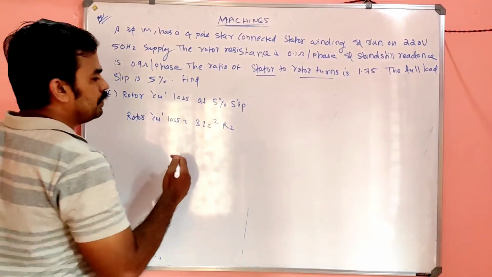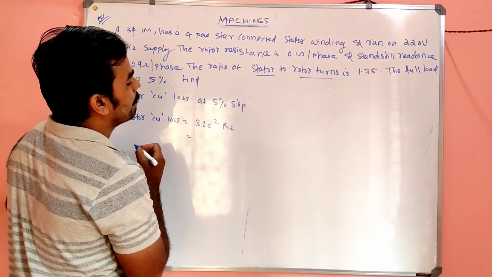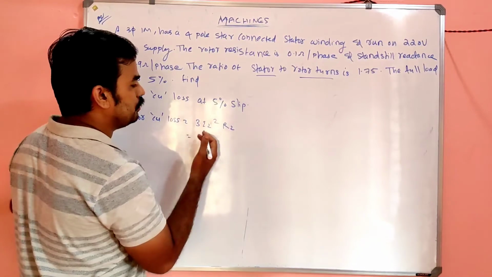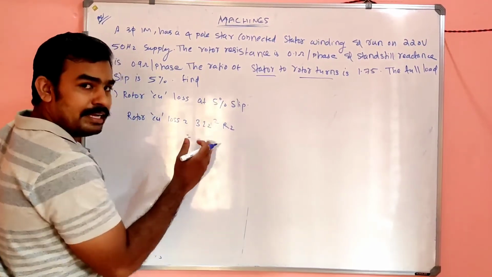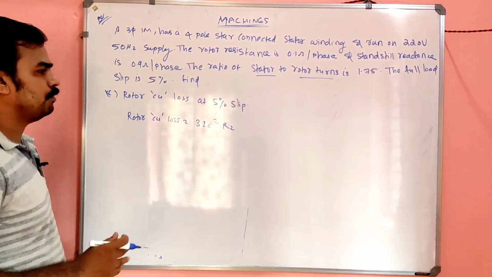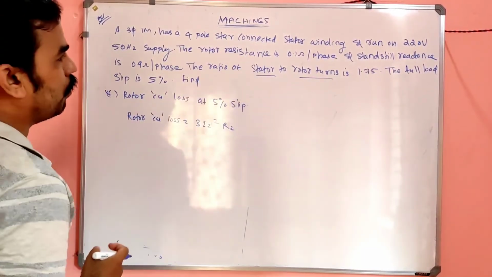So it will be equal to 3 into I2 square R2. You have all the values: I2 you already found out, and R2, the rotor resistance, is 0.1 ohm per phase.